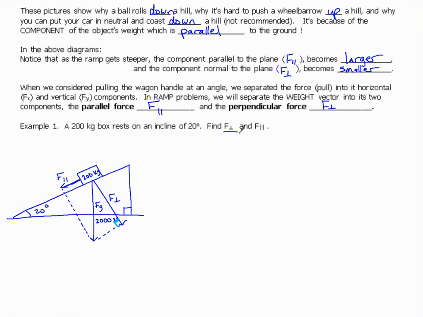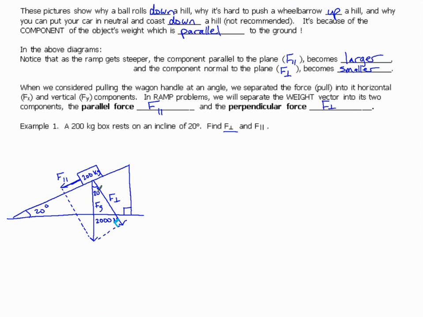So we are looking for two sides of a triangle, and this angle right here, if you look at this carefully, these are similar triangles, and so the angle here is 20 degrees, just like the angle over here is 20 degrees.